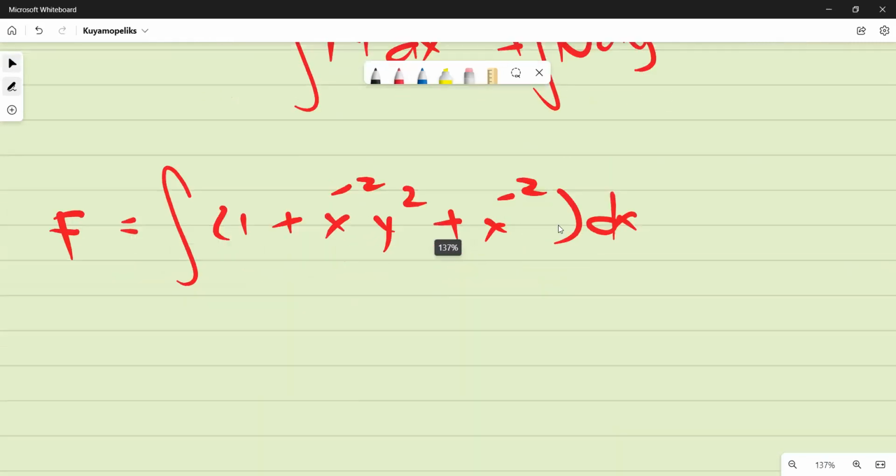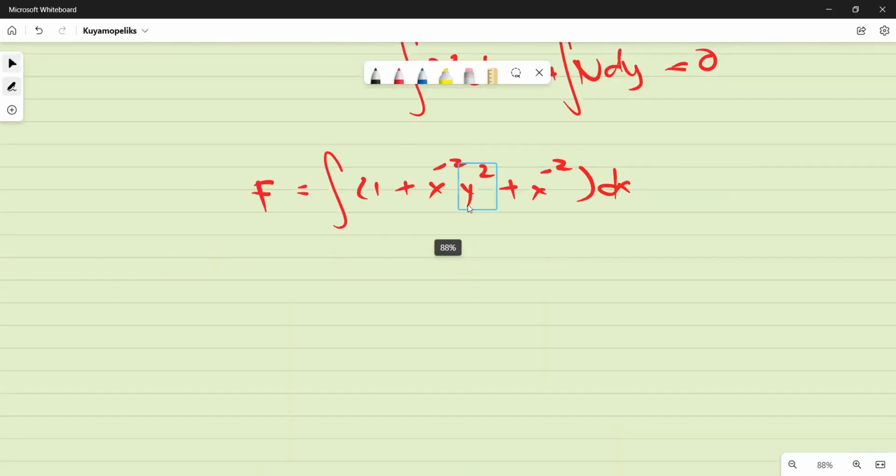Now, since this is with respect to x, all the y will be constant. So what is the integral of this? This is just x, the integral of a constant. Plus, since y is constant, y squared stays as is. Then this is x, negative 2 plus 1, so it becomes negative 1 divided by negative 1, plus x negative 2.